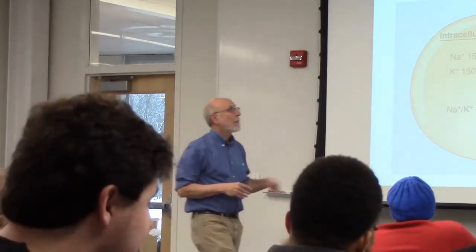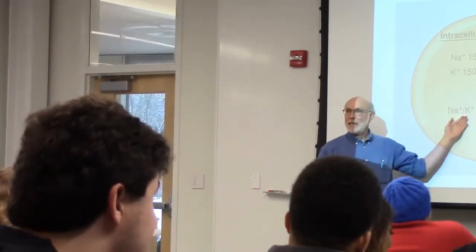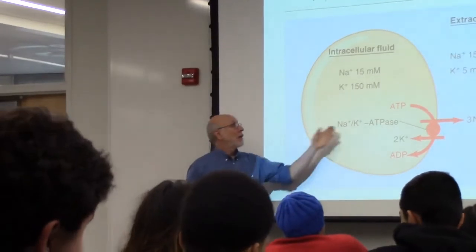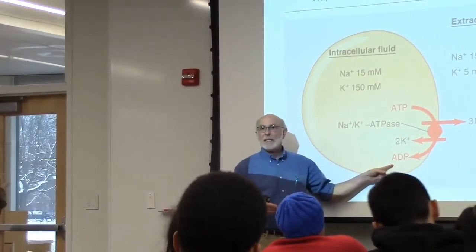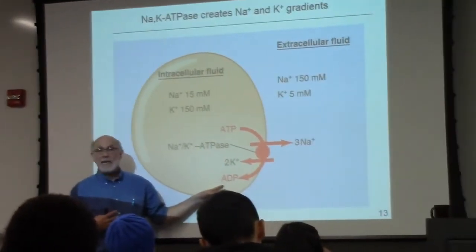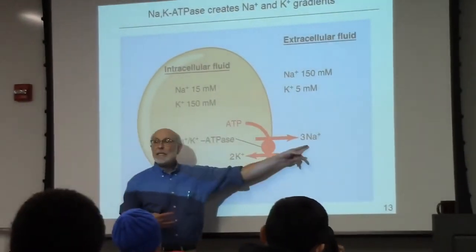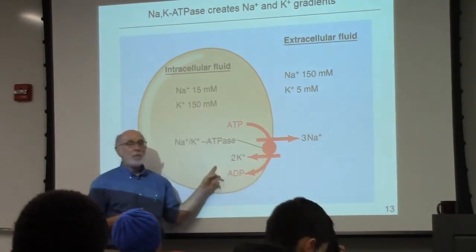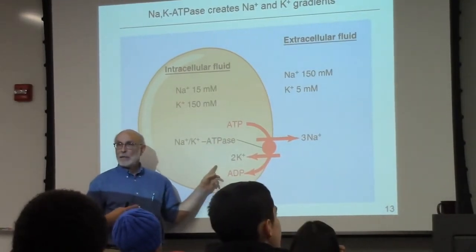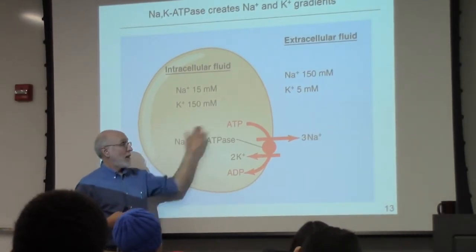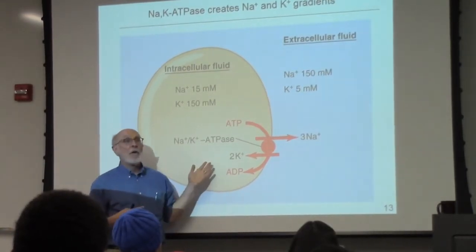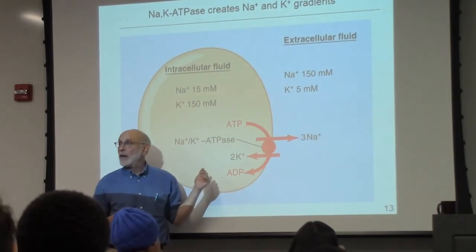So the sodium potassium ATPase, this is a figure from your textbook. The sodium potassium ATPase uses the energy in ATP, hydrolyzes ATP to ADP, pumping 3 sodiums out and 2 potassiums into the cell per ATP. In the presence of ATP, this overall reaction is spontaneous and exergonic.